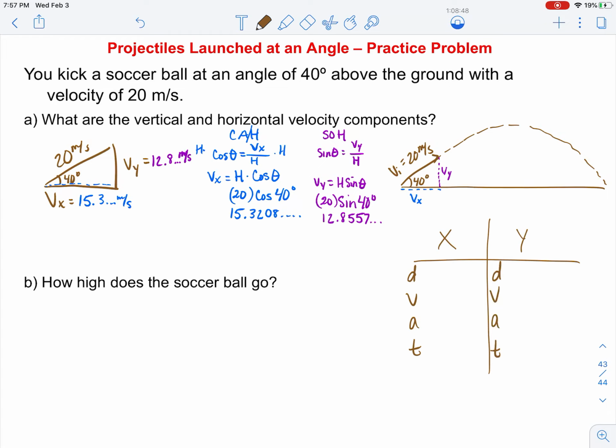I'm going to pause for a moment to review some facts. In the horizontal direction, there is no acceleration. In the vertical direction, we always have gravity. In the horizontal direction, my velocity is constant, so it's just v. In the vertical direction, my velocity changes because gravity is causing it to change.